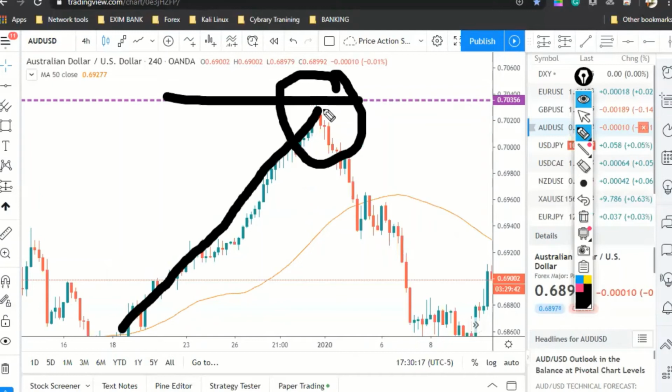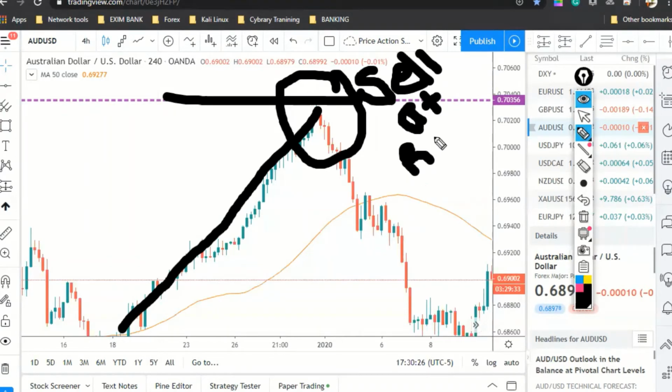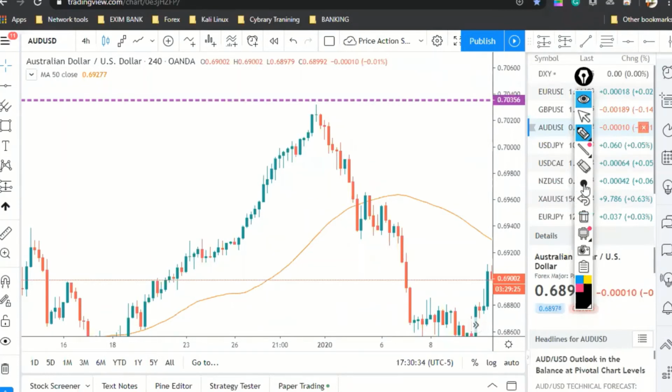I will tell you guys, this is where you want to sell. Sell at resistance. All right. Now, price is at resistance. You'll then look for an entry.